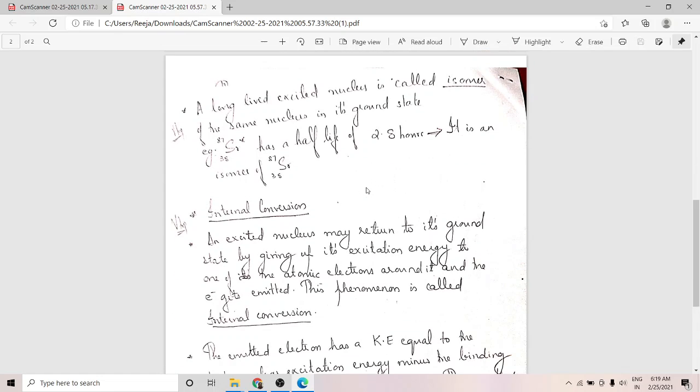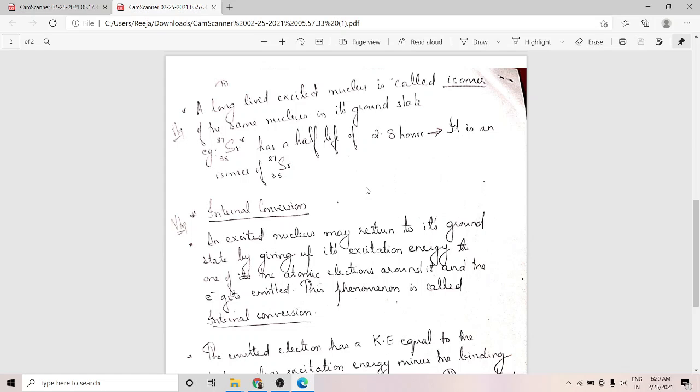Another very commonly asked question in your exam is, what is internal conversion? An excited nucleus may return to the ground state by giving up its excitation energy, that is giving that photon of energy, to an atomic electron. It will give this photon of energy to one of the atomic electrons, and that electron gets emitted.